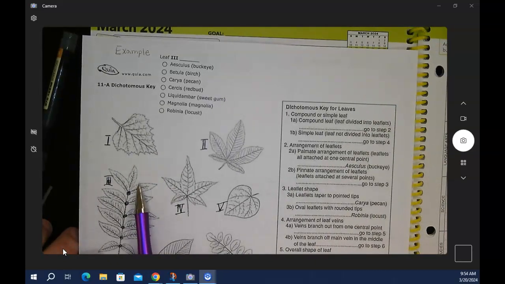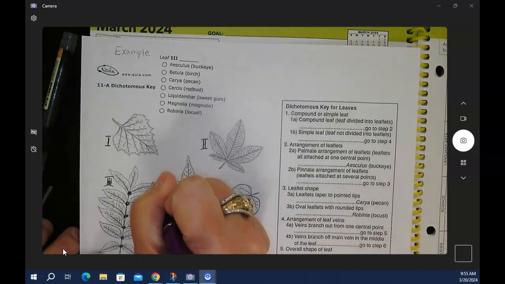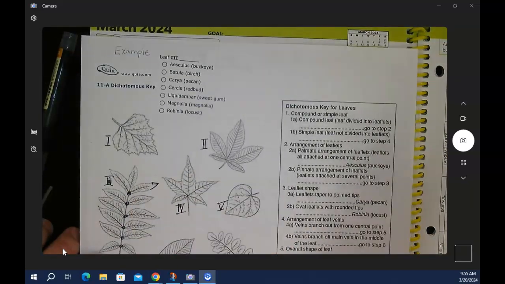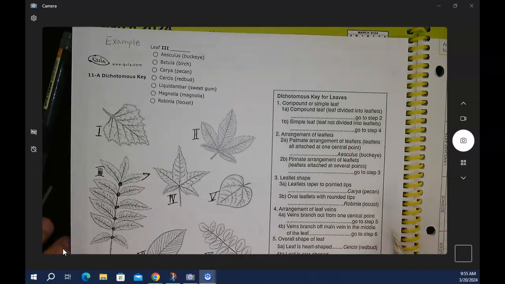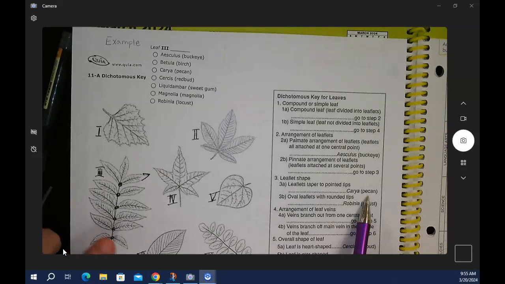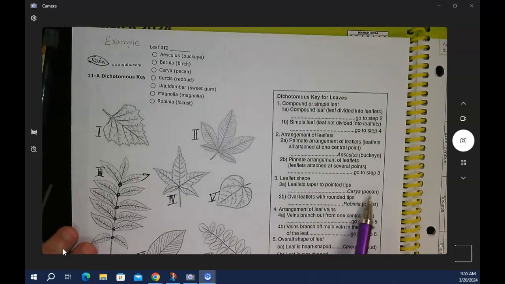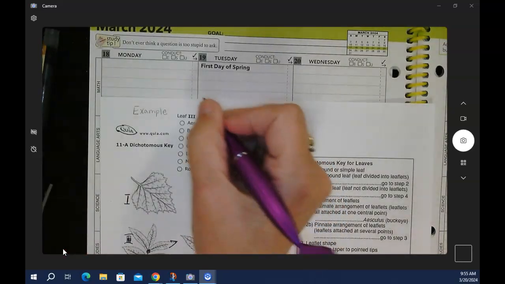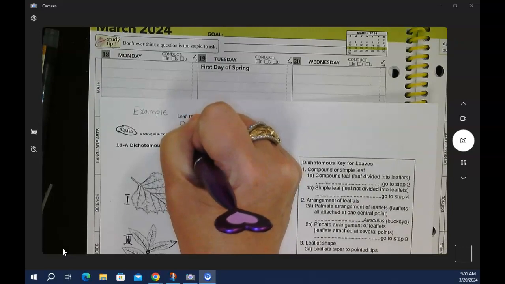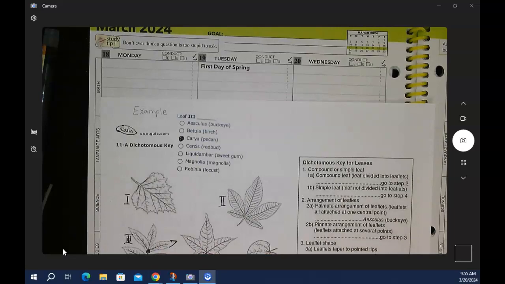When we look at this, here it's wide, here it gets smaller, and it is pointed, not rounded. So we have found the name of this particular leaf. It comes from a pecan tree, as a matter of fact. And so it says Carya, parentheses, pecan. So we're going to fill in the dot for Carya, pecan.